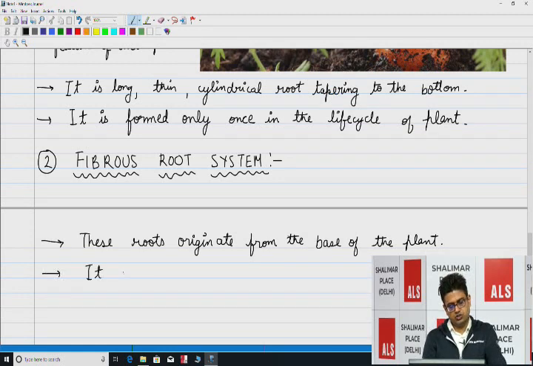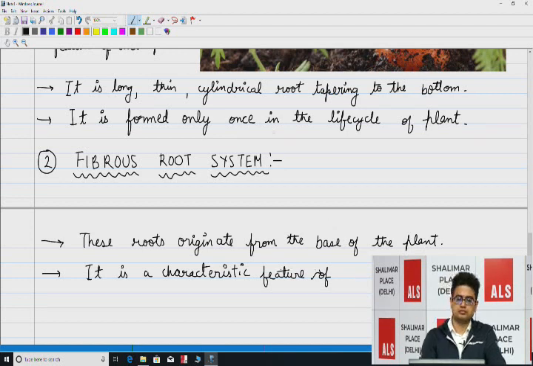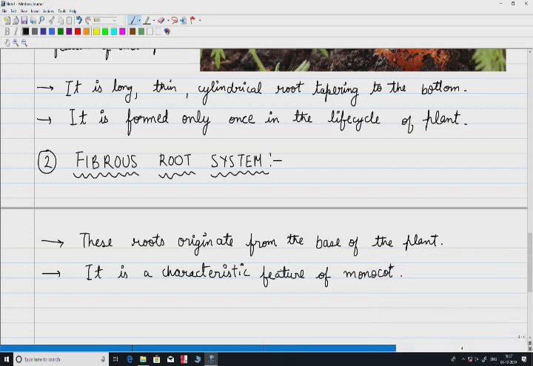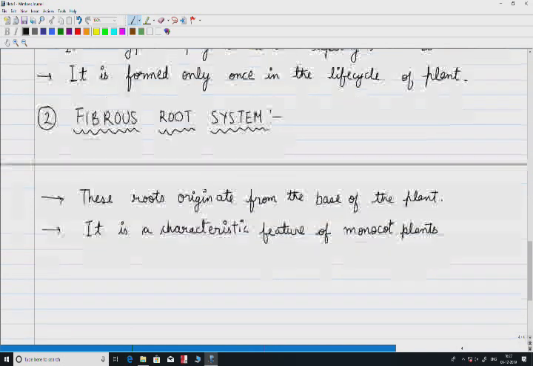It is a characteristic feature of monocot plants.